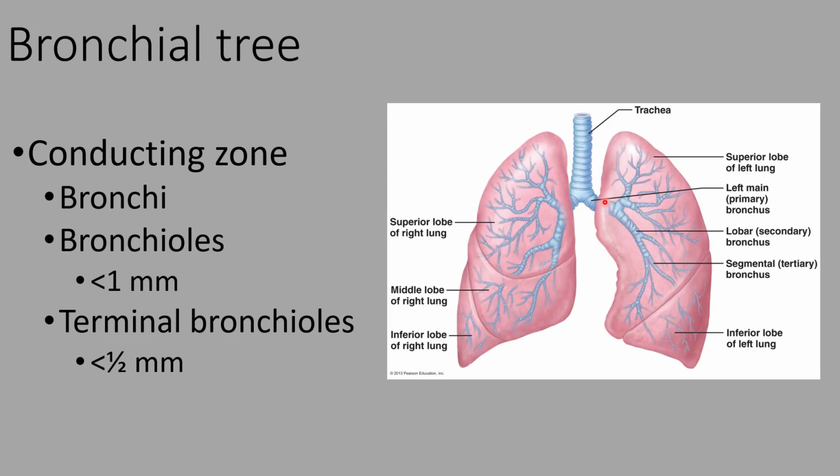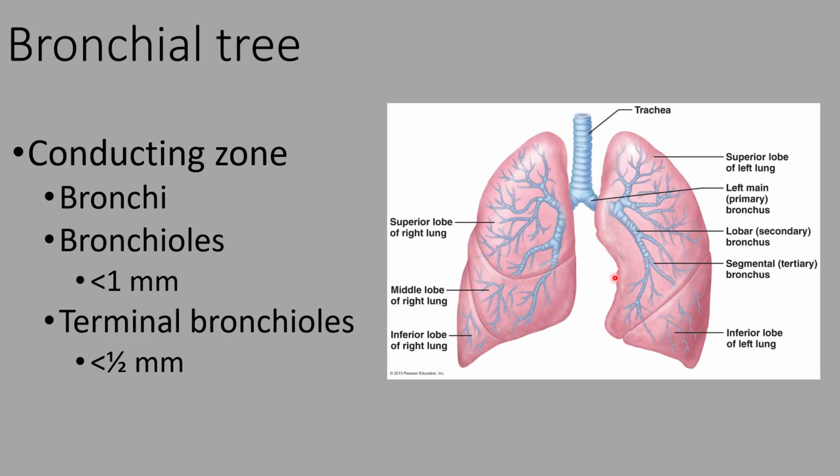Over on the left side, we have a secondary bronchus carrying air to the superior lobe of the left lung, and a secondary bronchus carrying air to the inferior lobe of the left lung. The left lung only has 2. It's a little bit smaller than the right lung.